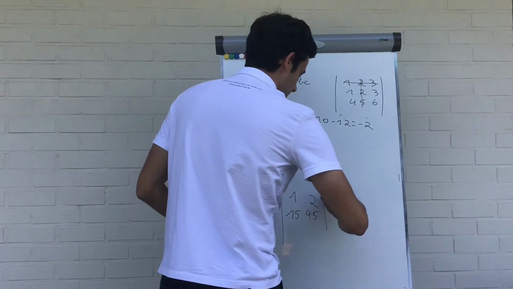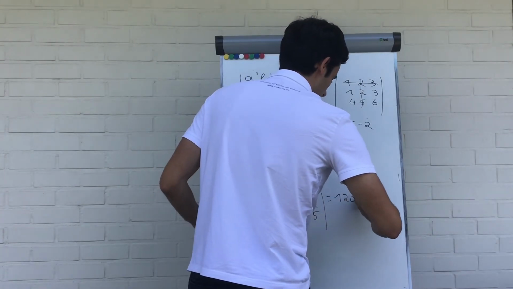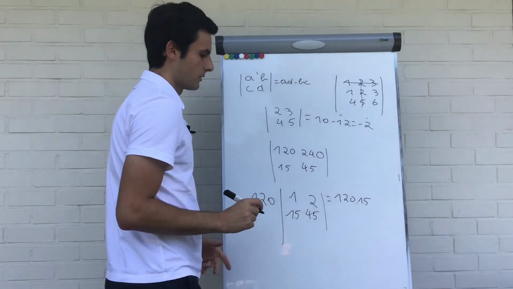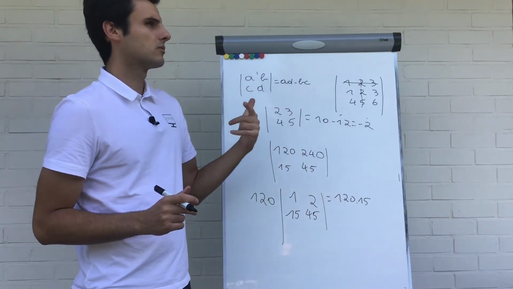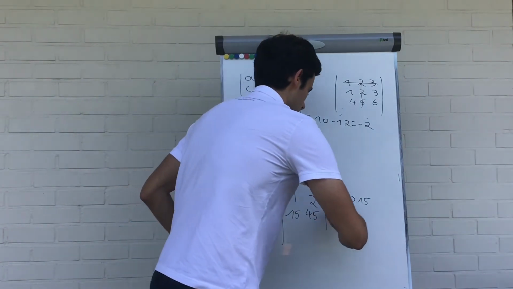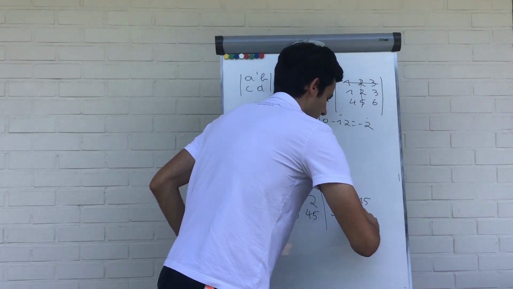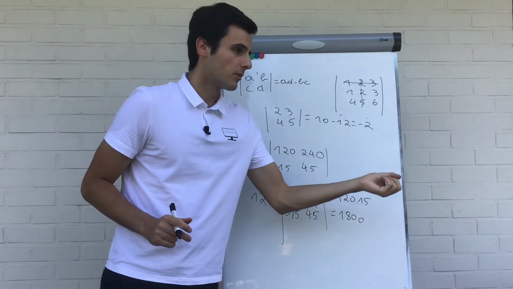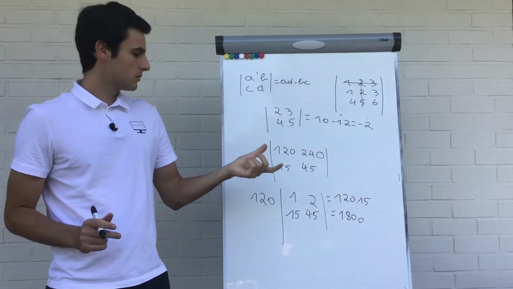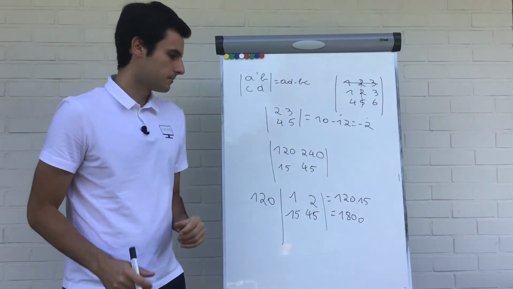So here you get 120 multiplied by 15. If you want to know it, 10 times 120 is 1200 plus 600 is 1800. Okay? So if you can take a multiple outside of a row or column, you just put it in front of the determinant.